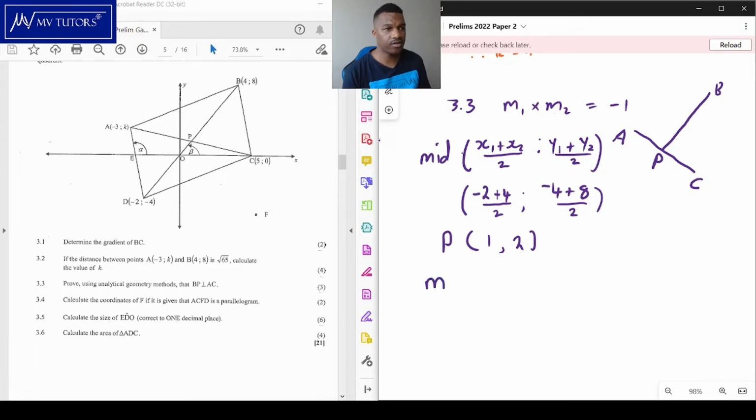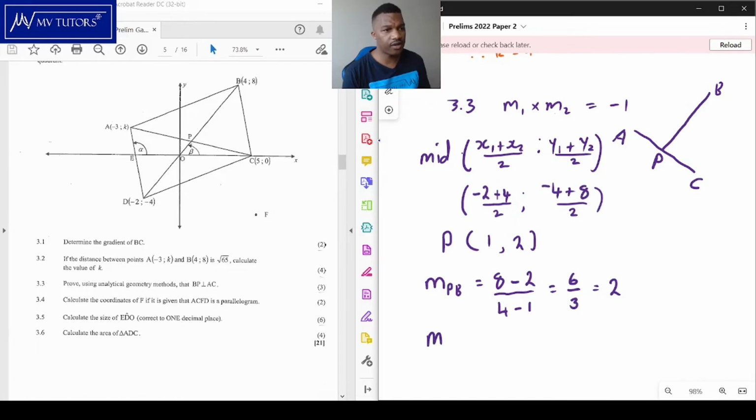Let's start with the gradient of PB. Remember, it's y2 minus y1. That's 8 minus 2 divided by 4 minus 1, which is 6 over 3, and that's a gradient of +2.